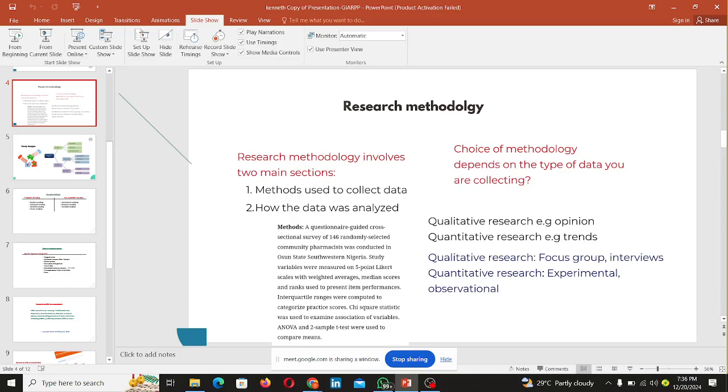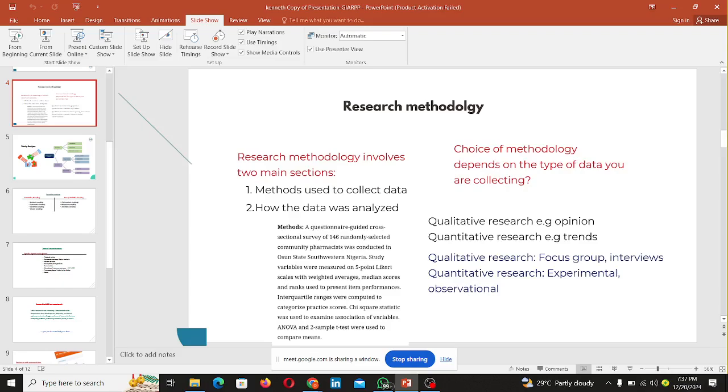Qualitative research can go a longer way because it helps you gain a very deep understanding about people's feeling on a particular topic. Whereas quantitative research involves collecting data and analyzing data to observe trends.